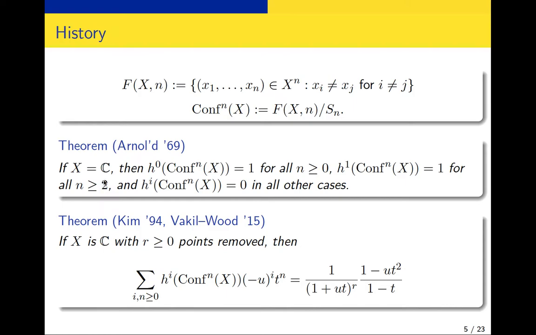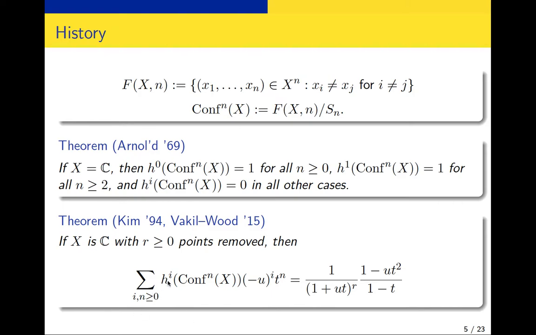And in fact, when X is C with multiple punctures, we also understand the configuration space well. This result is not written anywhere, but we can easily derive them from a combination of two results, and we will show that later in this talk.